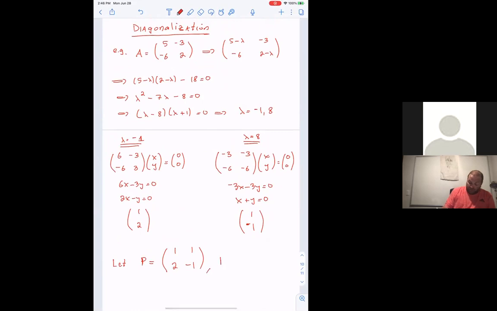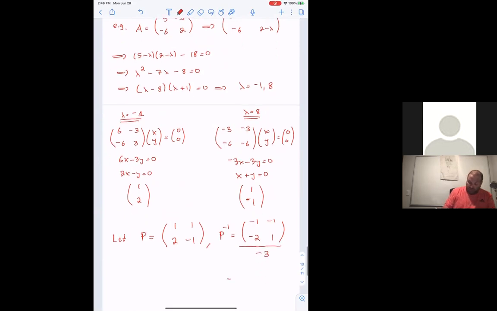And what we're going to do next is take the inverse of this matrix. How do I take the inverse of a matrix? You switch the main diagonal elements, you negate the off diagonal elements, and then you divide by the determinant. Negative 1 minus 2, you divide by negative 3. So this gives you 1/3, 1/3, 2/3, negative 1/3. So we have P and we have P inverse.